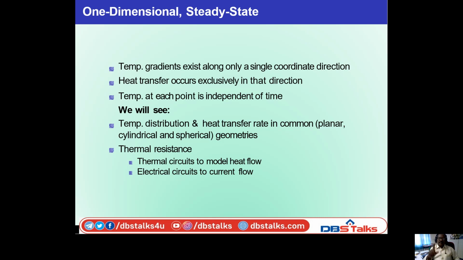In one-dimensional heat transfer, heat is transferred only in the x direction. In other directions there is no heat transfer and no temperature gradients. The temperature gradient exists along a single coordinate direction only. Wherever there is a temperature gradient or temperature difference, there is heat transfer.